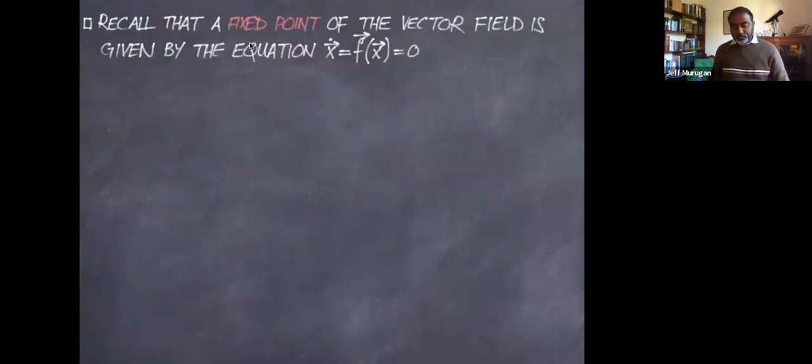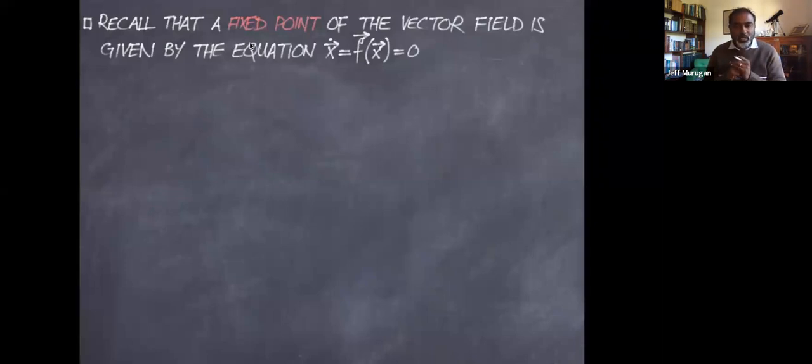All right. So now I'd like you to go back and think about the first time you saw this material on differential equations, maybe dynamical systems. You were studying vector fields, you were studying flows of vector fields, right? So I had some vector field generated by a differential equation x dot equals f of x. And there are some special points in the vector field at which nothing happens, right? So if I'm at that point, then nothing happens.